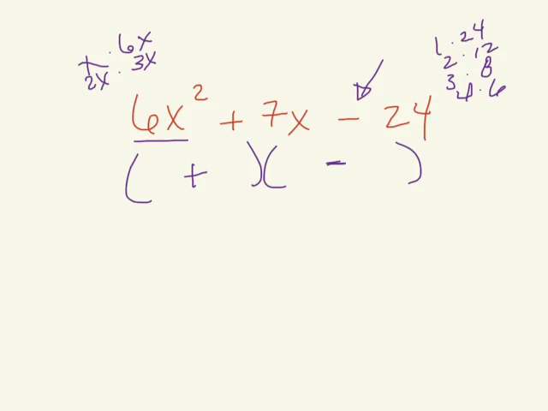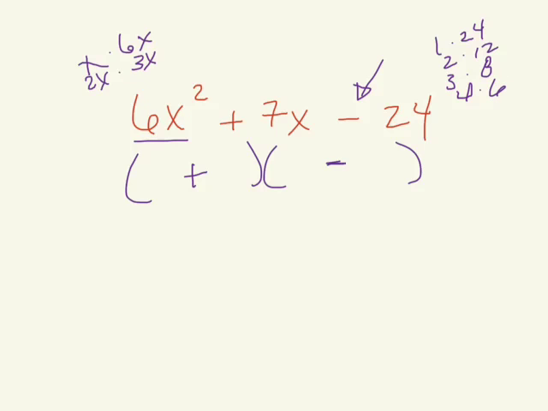Try 2 times 3. 2x times 3 is 6x. 3x times 8 is 24x. The difference between 6 and 24 is 18. Try 2 times 8, that's 16. 3 times 3, that's 9. That's it. 2 times 8 is 16. 3 times 3 is 9.